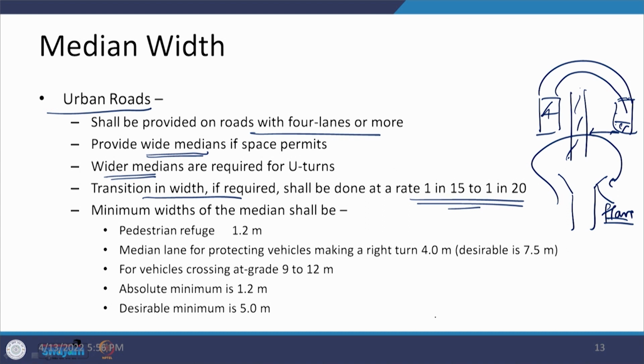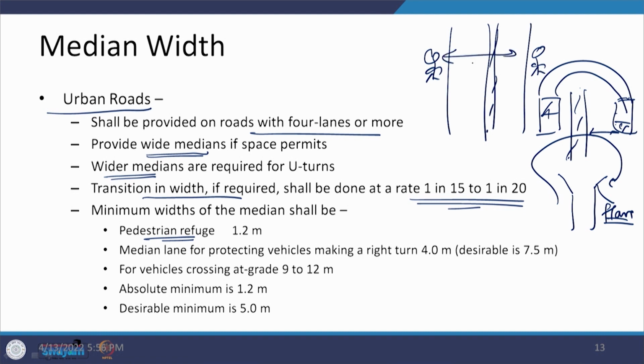Now, what are the minimum widths of the medians? If we have a pedestrian refuge, that means this is a section and say this is a median here, there are people standing on either side of the road and they want to cross either this way or that way. The traffic is continuously moving here. What pedestrians need is a space where they can stand.